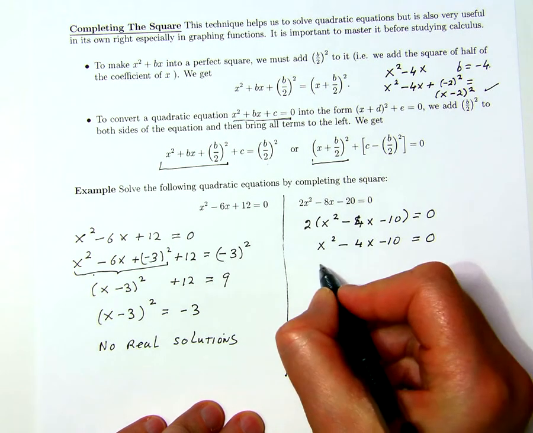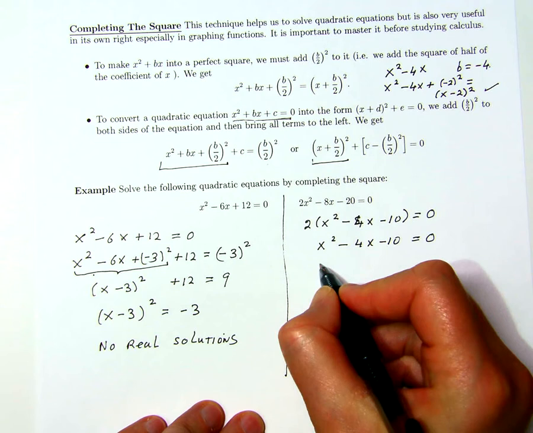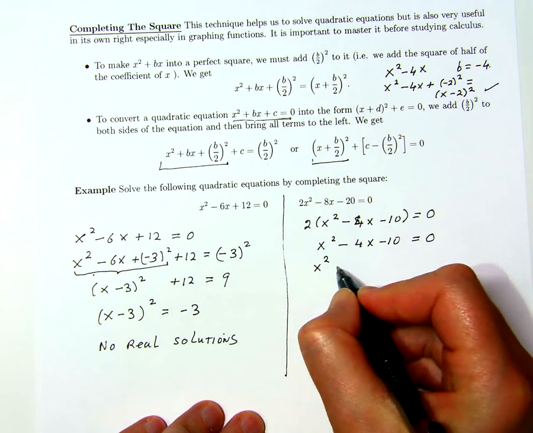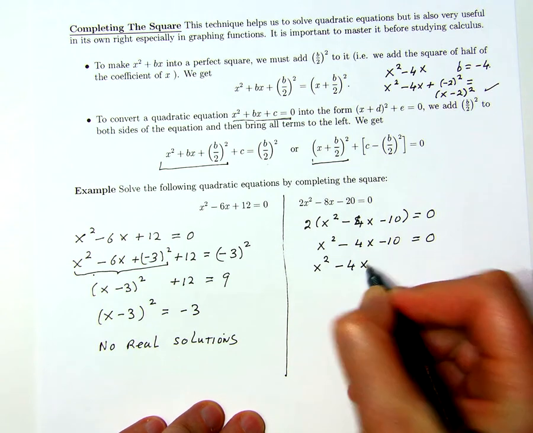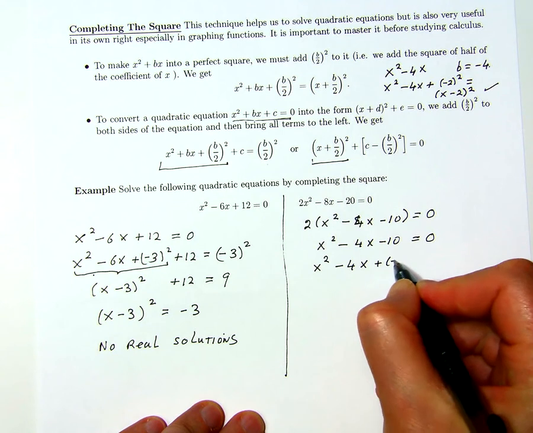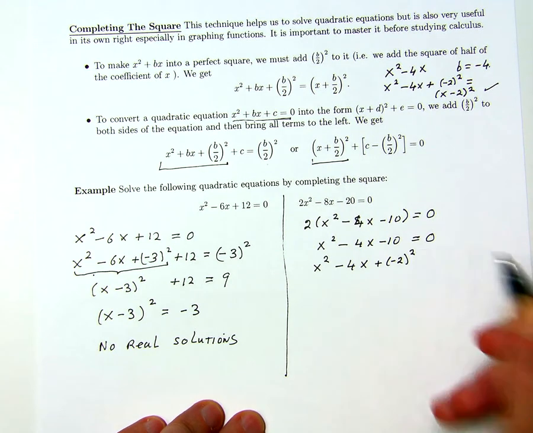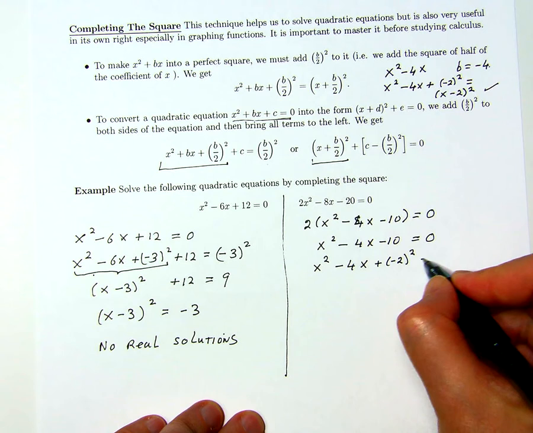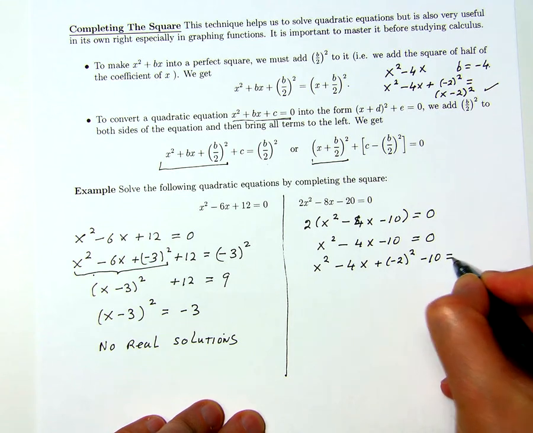Okay, so to complete the square, I take half of the coefficient of x, which is minus 2. I square it, so it's always going to be a positive number I'm adding, and I add that to both sides.